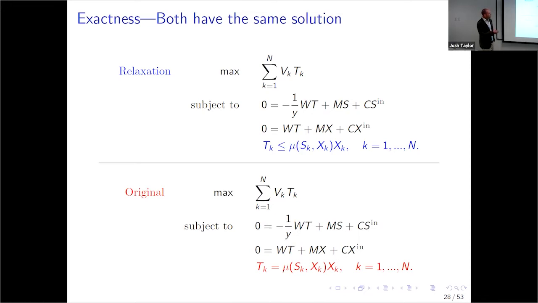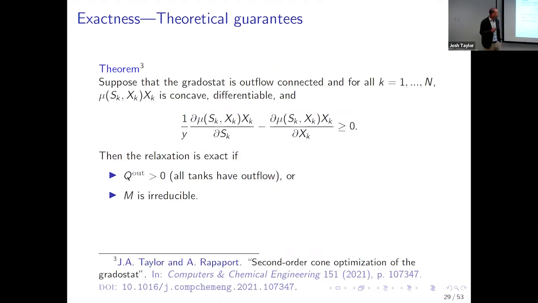That means that we solved this problem and then we got lucky because this was satisfied with equality. And therefore, this solution is also a solution to this problem. And therefore, because all we were doing was expanding the feasible set in this problem, that gives us the optimal solution to the original problem. So exactness is kind of the best possible outcome.